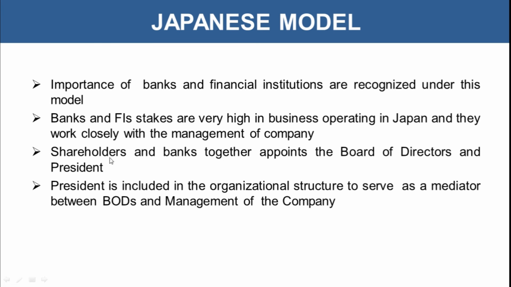Also in this Japanese model, the president was included in the organizational structure, which we have not talked about yet. The president position was included to serve as a mediator between the BODs and the management of the company, as a link in between.